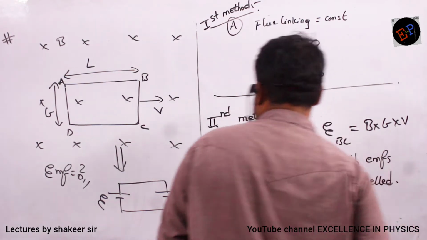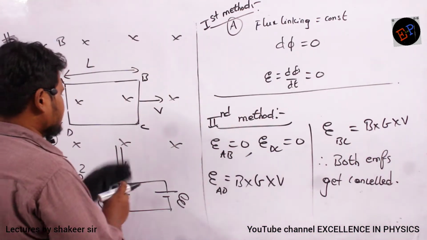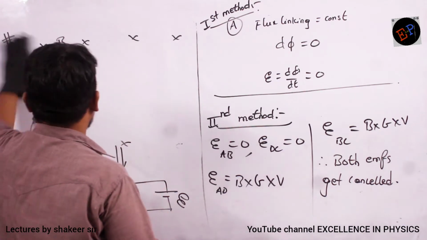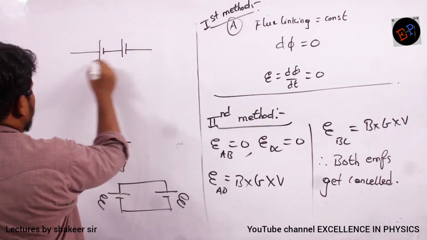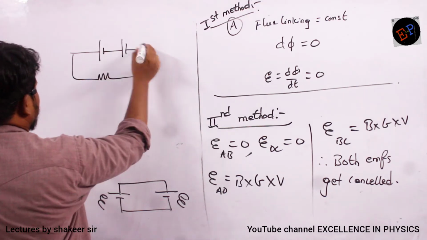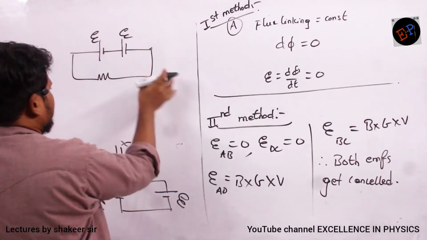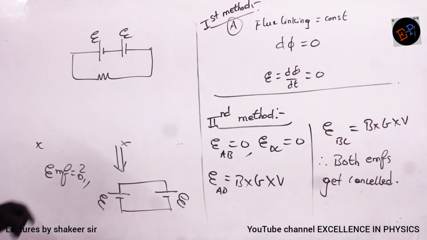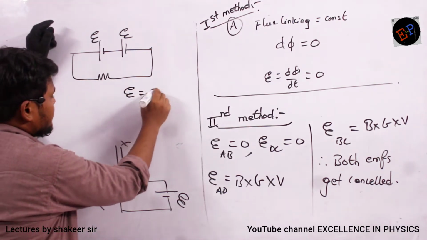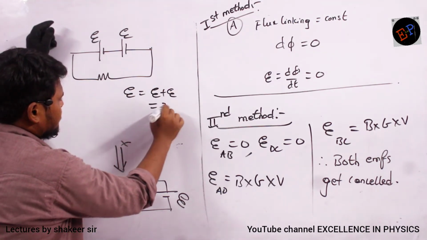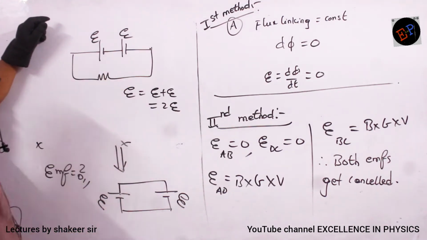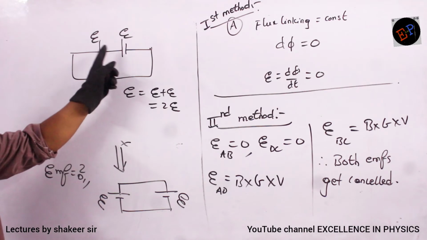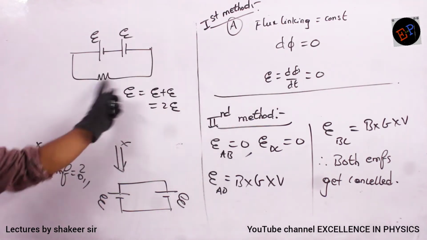See, we know battery connections. If I give a battery connection like this, this is EMF E and this is EMF E. Now what happens? Here the total EMF I can say is E plus E, that is 2E. The negative terminal is connected to the positive of the next terminal, so the EMFs get added up.